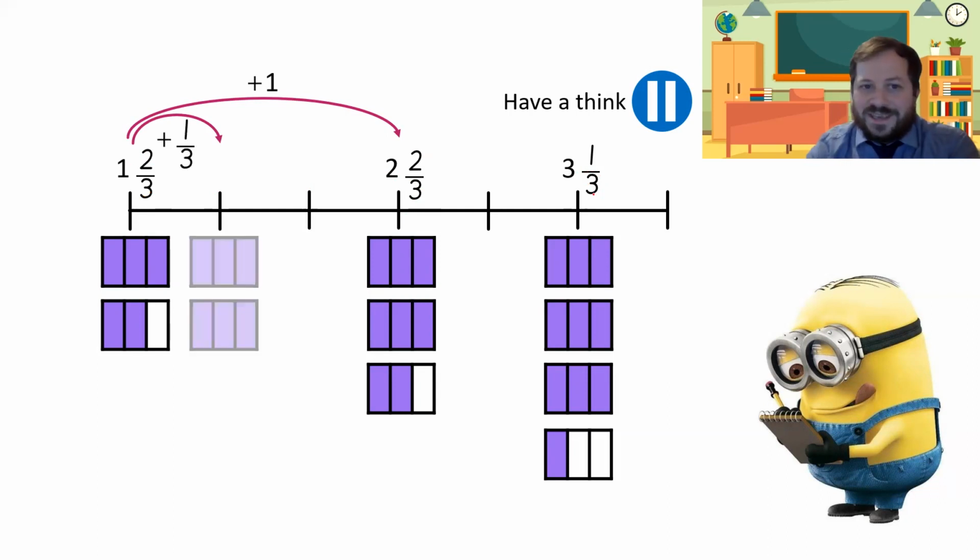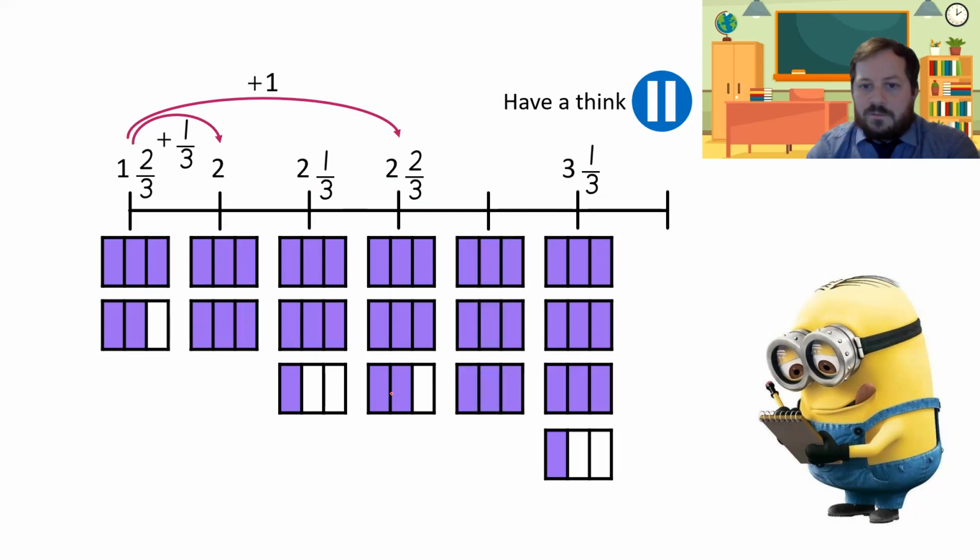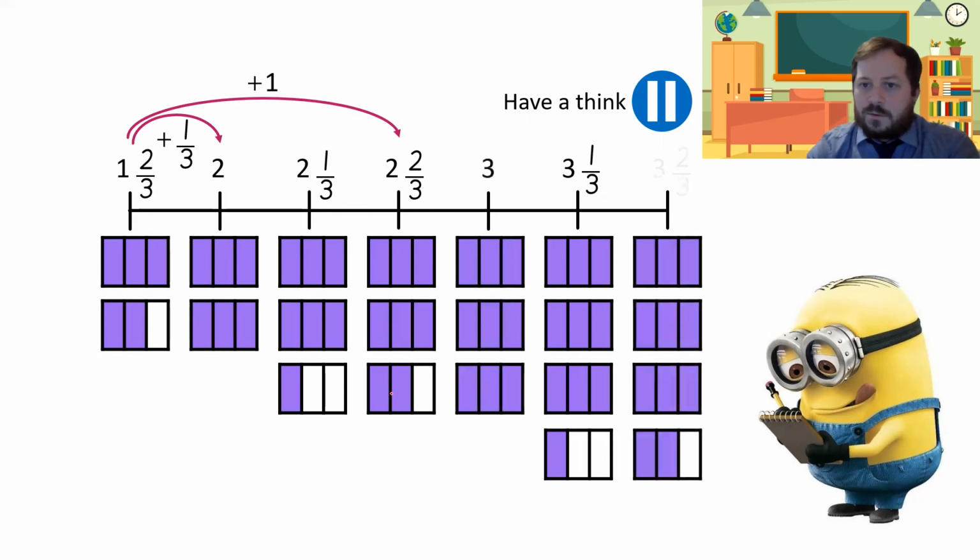Yes, you're right. Each jump is adding a third. So in the case from 1 and 2/3, we come to 2 whole ones, then we add another third, and finally another third to make 3 wholes, and then 3 and 2/3. And you can see the pattern continues up. And it's like counting, except when you get to a fraction that means you get another whole, you just start the next integer.